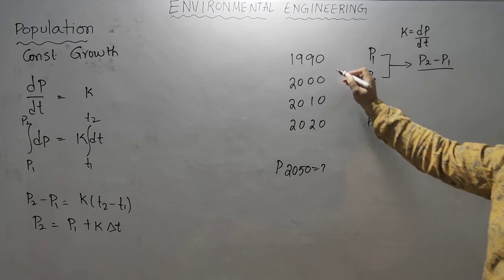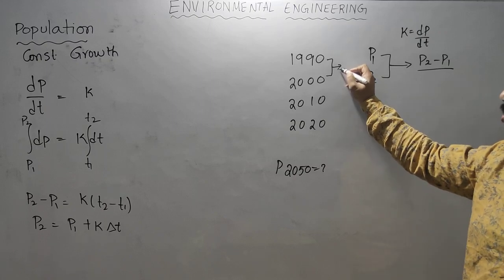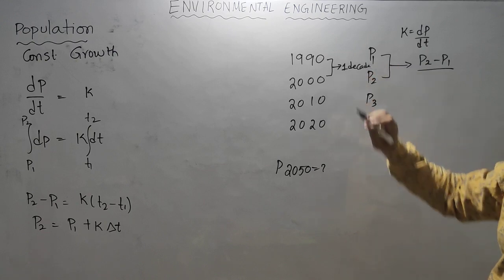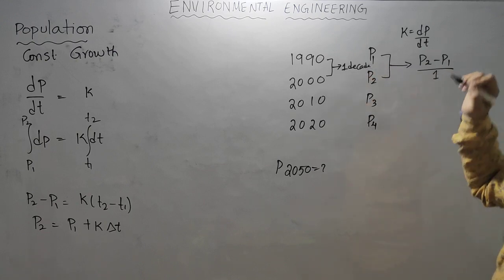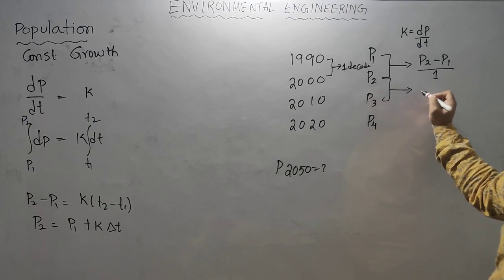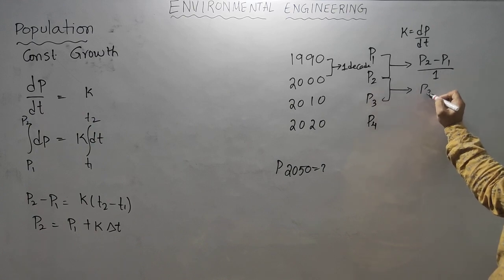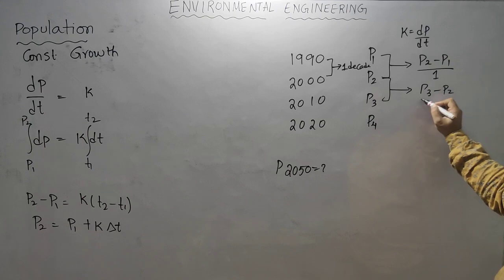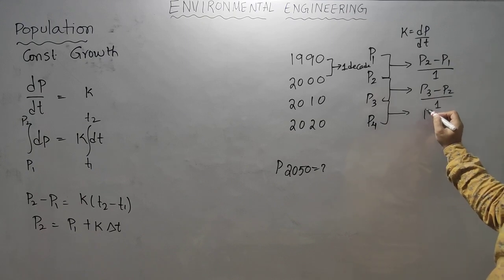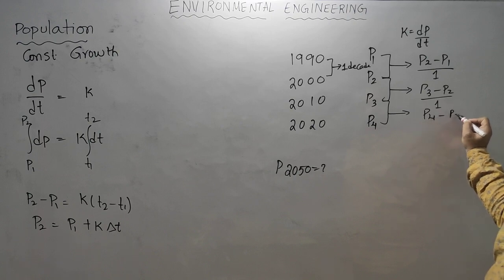So what is dt here? dt is 1 decade, isn't it? It is 1 decade. Similarly here, if you take p3 minus p2 by 1 decade, it is p4 minus p3 by 1 decade.